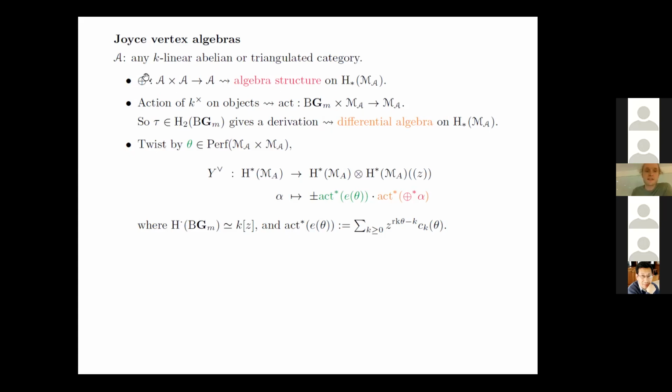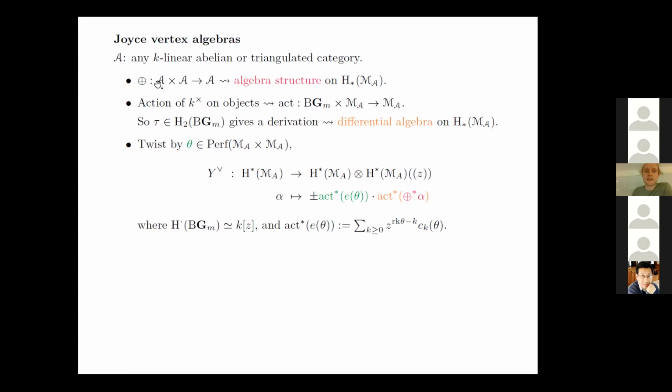So the axioms of the space are, it's a commutative monoid in the category of stacks. So you get a direct sum map. This commutative monoid object has an action of the group object BGm, and it also has a perfect complex, which we're coming to now, on this moduli stack times itself, which has a bunch of properties, which I will not get into now.